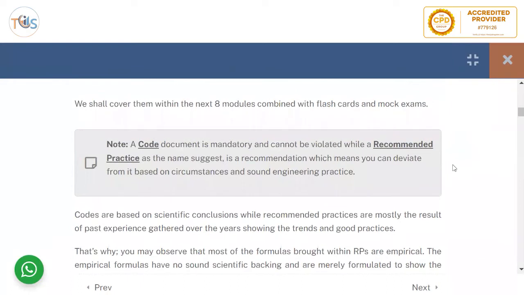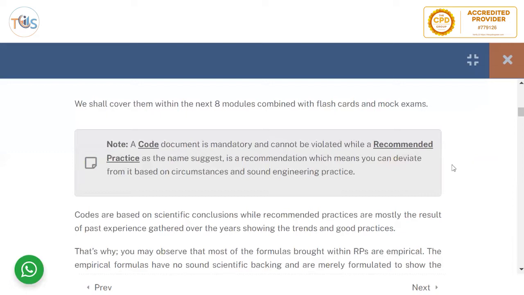So let's first pick up what is a code and what is a recommended practice. So as you know, code is mandatory, cannot be violated, otherwise you're having trouble certifying the vessel to the jurisdictional requirements or according to the law, if API 510 is applicable or ASME Section 8 is applicable.